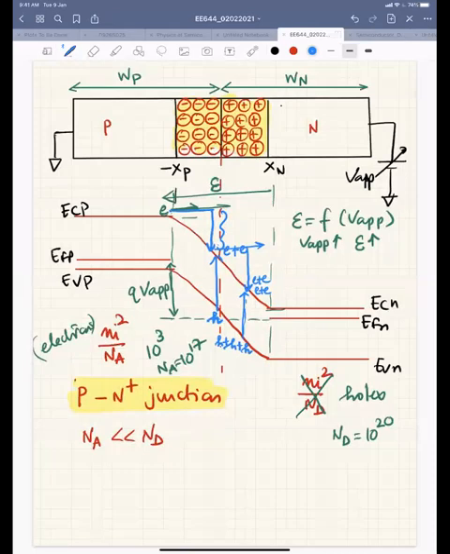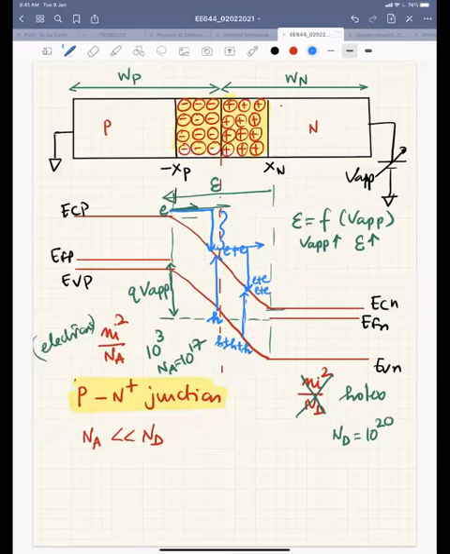So basically, if they have very high energy, they could give some of their energy to the lattice, and one electron will jump from the valence band to the conduction band. But they should have that much energy, so this process totally depends on the electric field. As you go on increasing the electric field, the avalanche multiplication will increase, because they have very high energy and can excite electrons from the valence band to the conduction band.